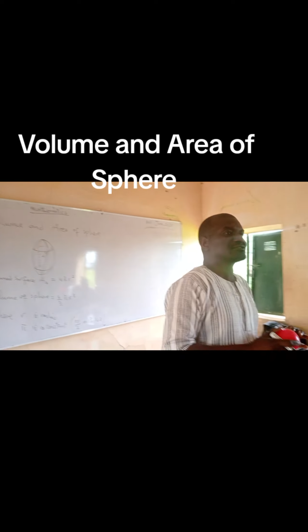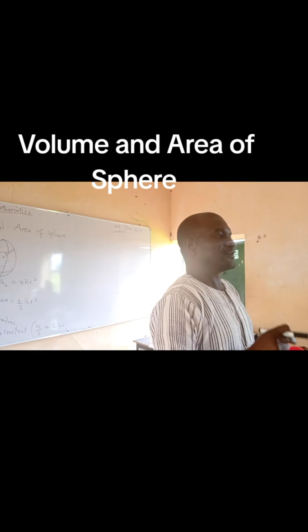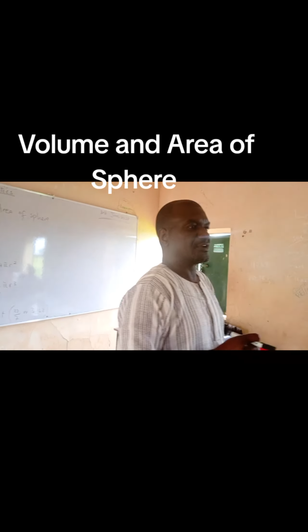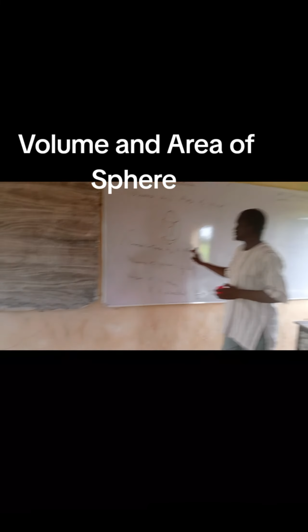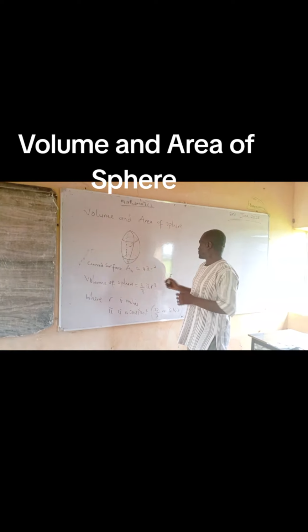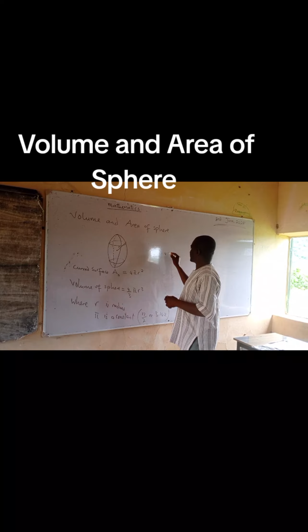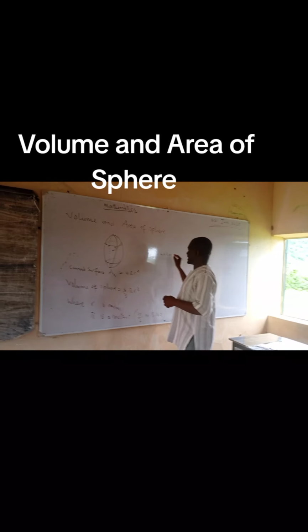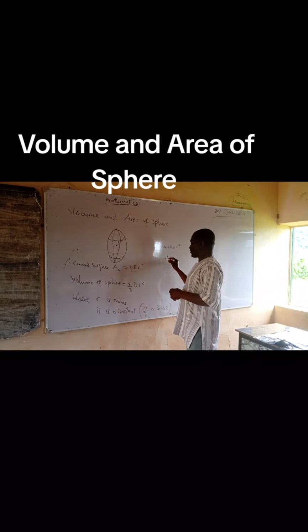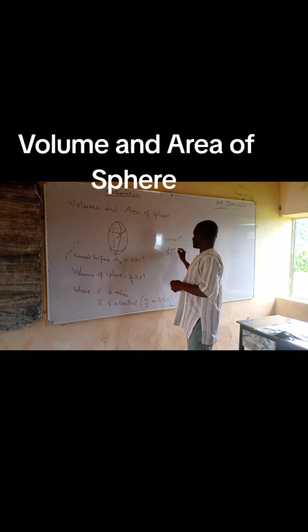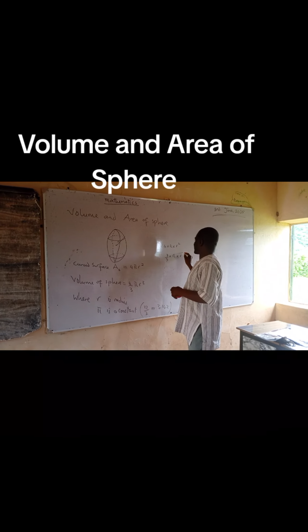Nobody? It's like you're not paying attention. We said that there are multiplication symbols between them. So this 4 is like this: 4 times pi times r squared. Is that okay? For this one too, it will be 4 all over 3 times pi times r cubed.